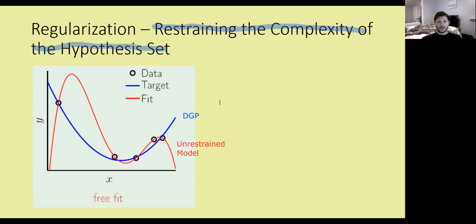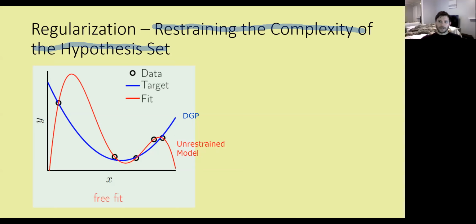By unrestrained, I mean we were free to make that as complex as we wanted. We chose a fourth order fit model to perfectly fit that data. But we saw earlier that this does a terrible job of actually predicting the DGP.